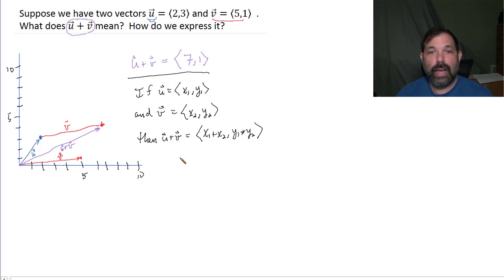And again, that's a vector. If we add two vectors, the sum is a new vector, and we add the components.